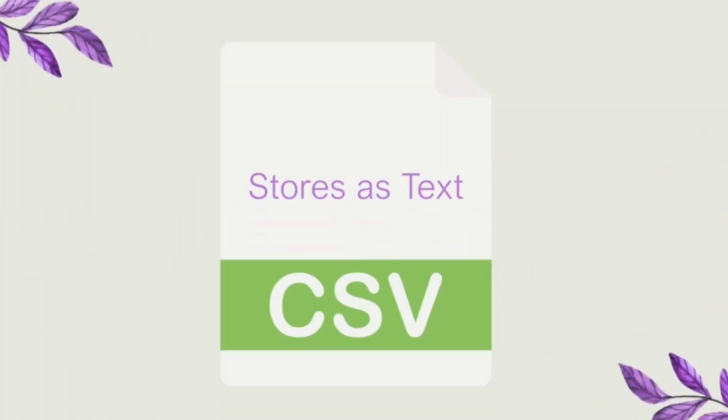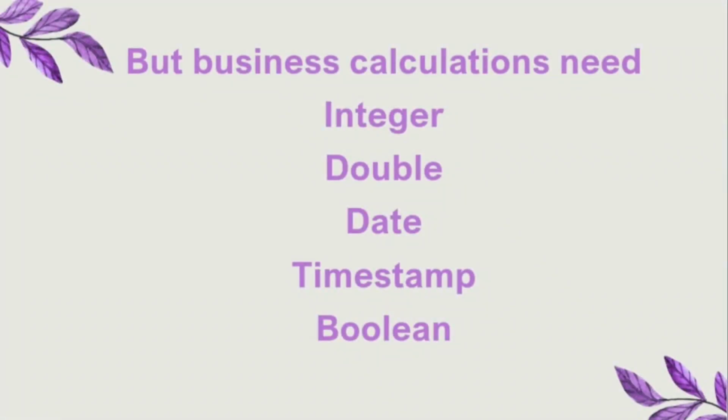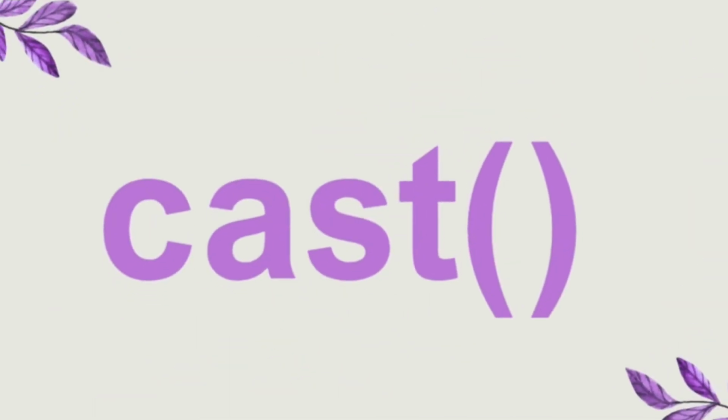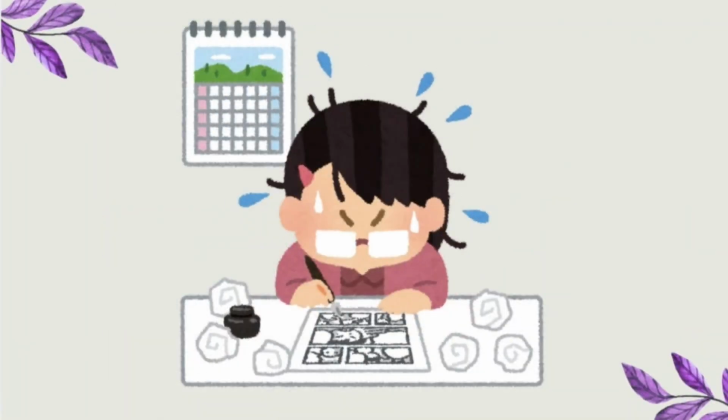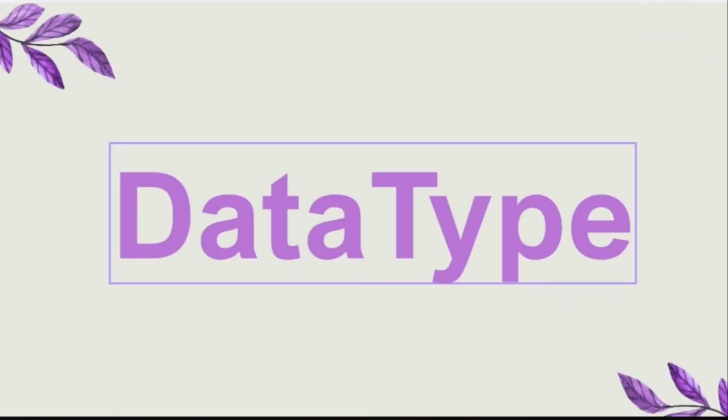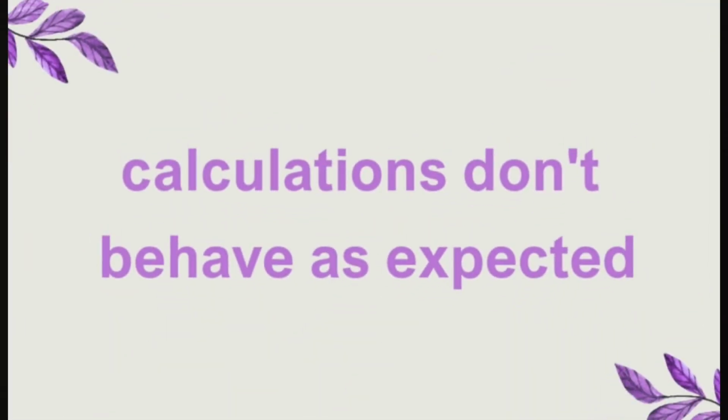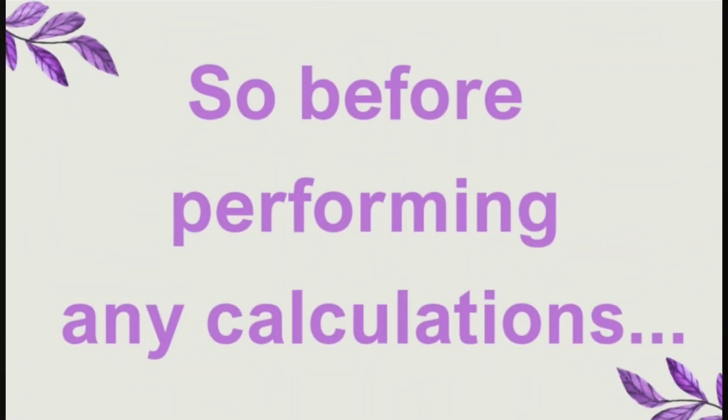CSV stores almost everything as text. But business calculations need integer, double, date, timestamp, and boolean. That's why cast is one of the most frequently used functions. One mistake beginners make is they forget to convert the data type, then suddenly calculations don't behave as expected. So before performing any calculations, always check your schema.